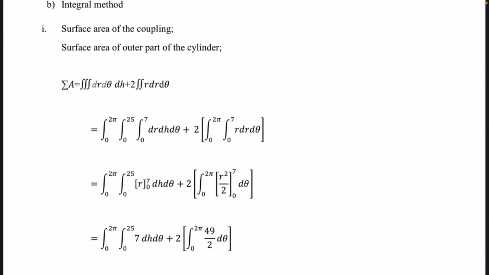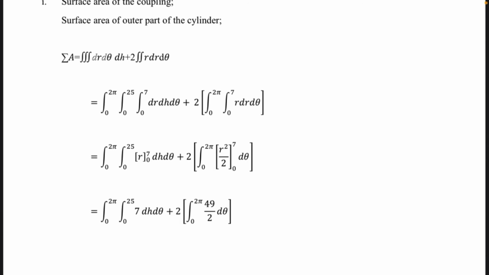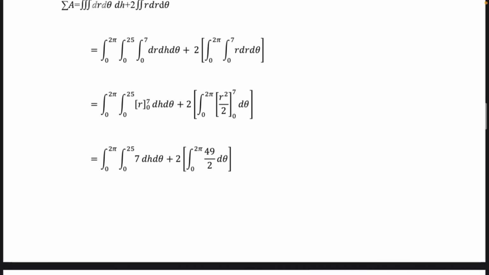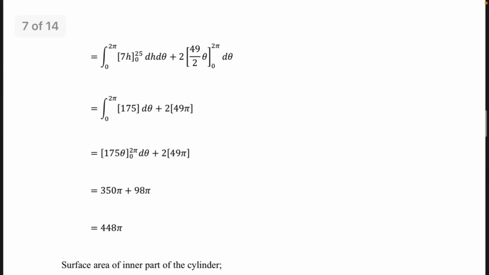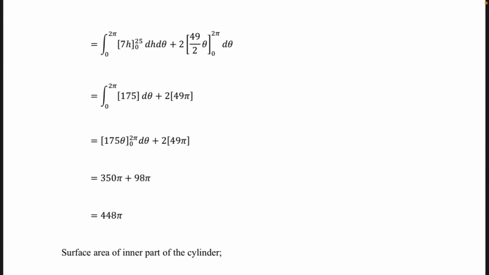For the top and bottom surface area, it is r dr, and the radius is 0 to 7 also. We integrate it: the circumference is r with the limit of 0 to 7, and the top and bottom surface area is r squared over 2 with the limit of 0 to 7. We integrate all of this and we get the answer 448 pi.